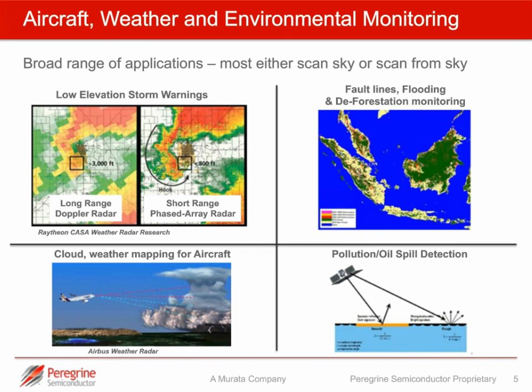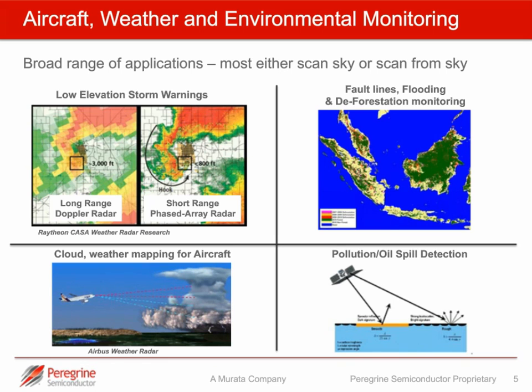So for phased array radar, there are many applications and new ones are being conceived all of the time. But in general terms, the broad range of applications are generally either scanning the sky or scanning from the sky. And this slide illustrates some novel applications of phased array radar.